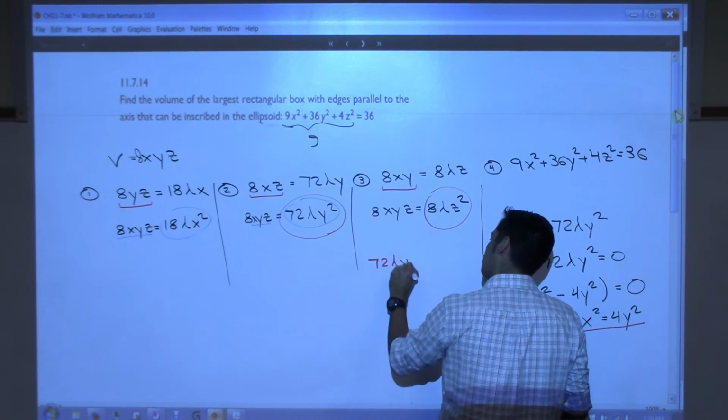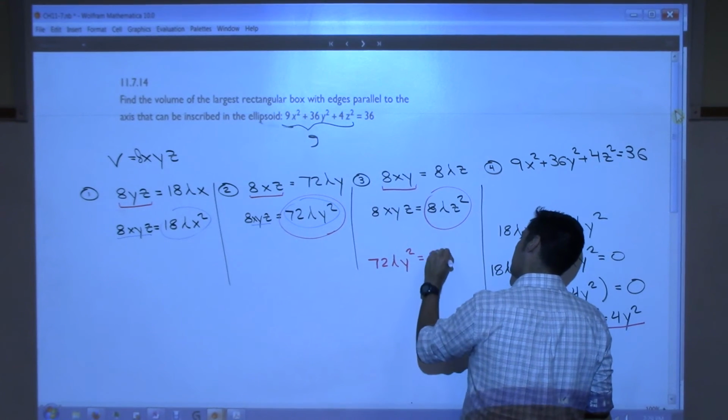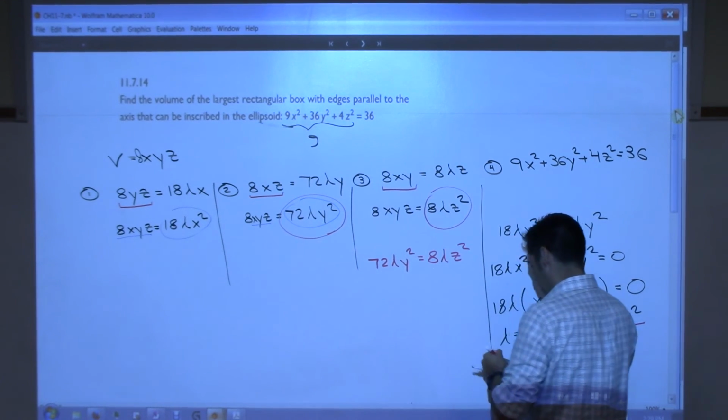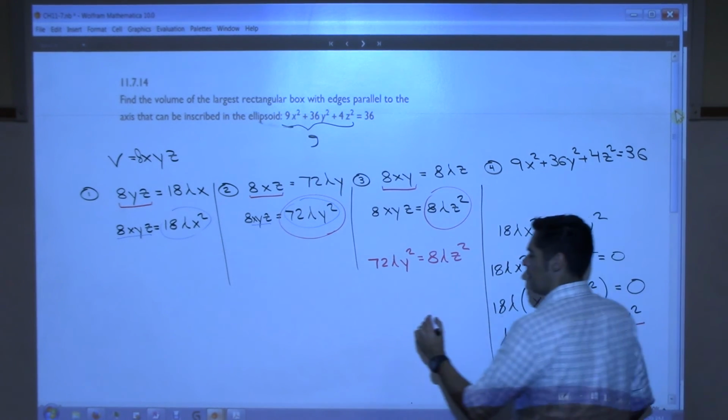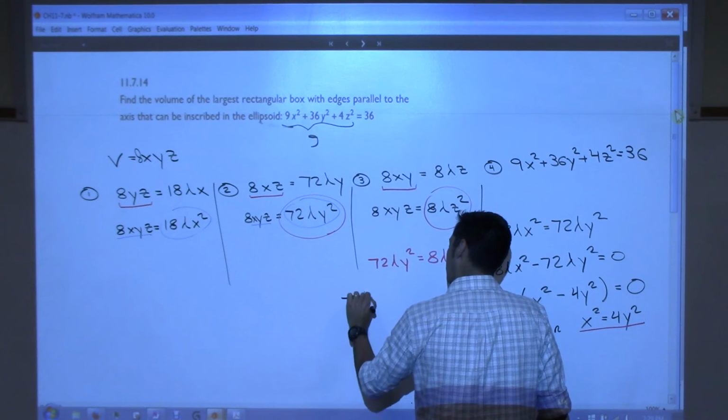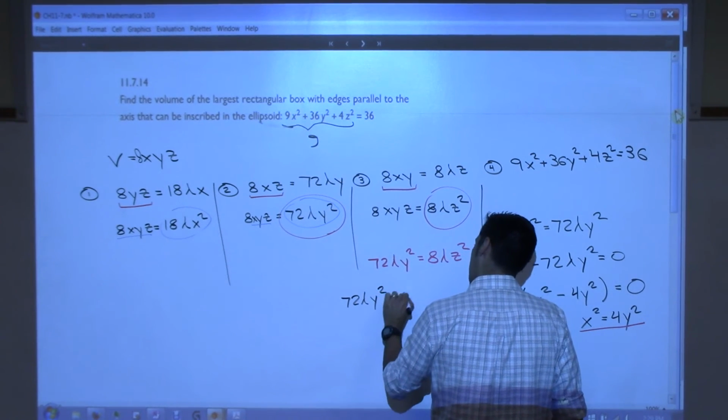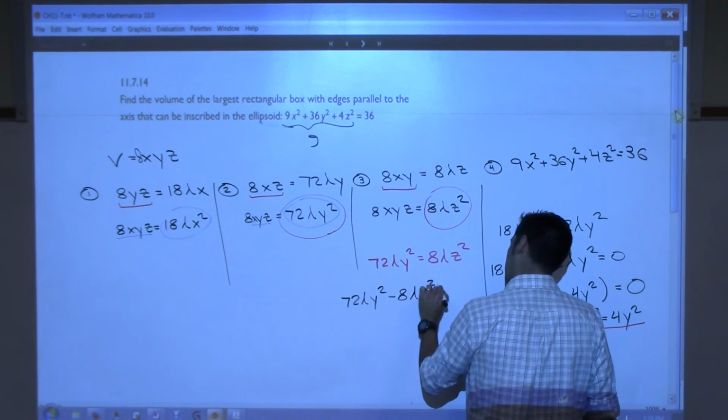72 lambda y squared equals 8 lambda z squared. Move everything over to one side again. 72 lambda y squared minus 8 lambda z squared equals 0.